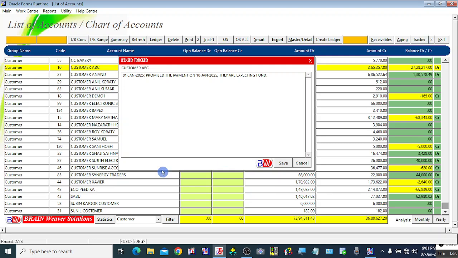By clicking this tracker button, you can see what was the last follow-up feedback that we have entered against this specific customer. It will appear in this tracker ledger. So by reading this, you can discuss with your customer for proper follow-up.